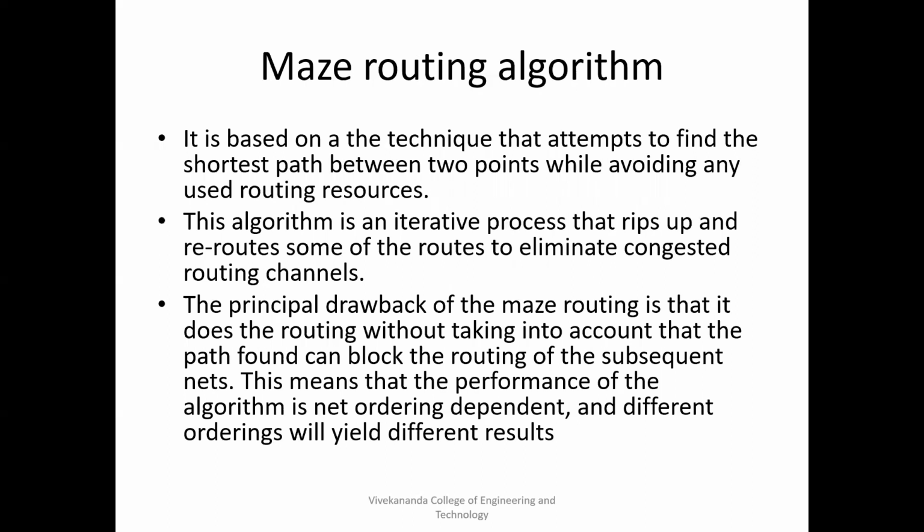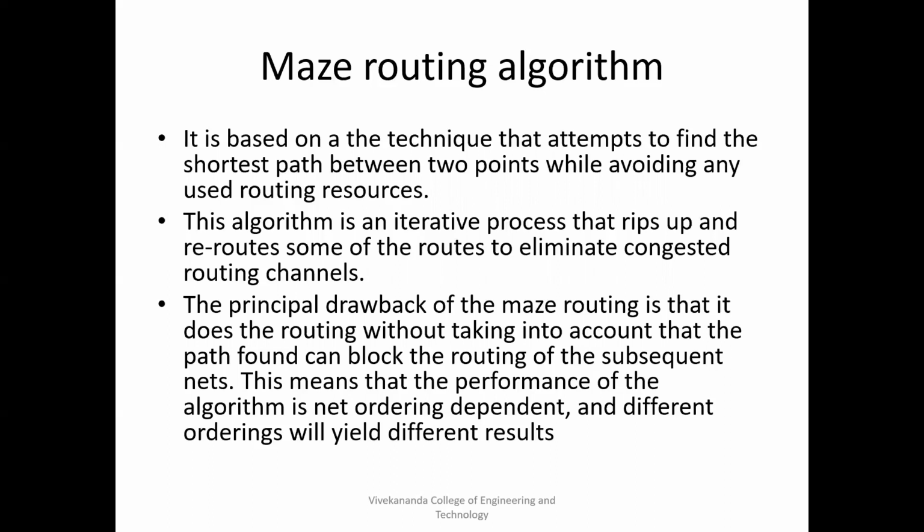The first one would be the maze routing algorithm. In this maze routing algorithm, the shortest path between 2 points is found. Once a wire segment is chosen for the path, both the ends of the wire segment are available for connections. FPGA interconnects can be modeled as a graph whose edges are wire segments, and the nodes are the connections between the wire segments.